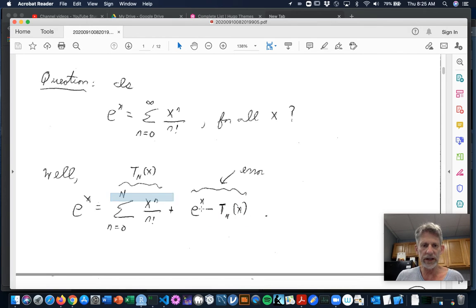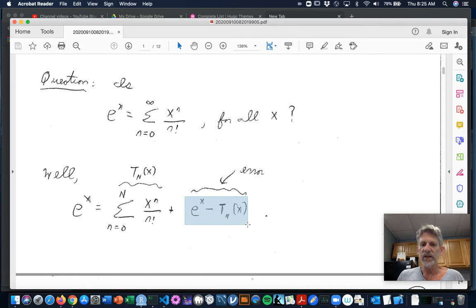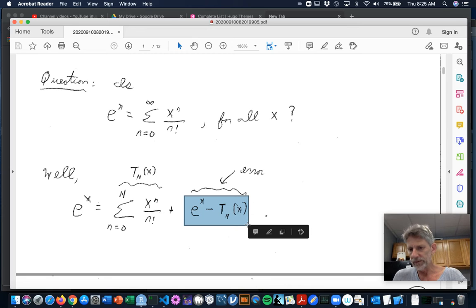All I've done here is add on and take away the nth degree Taylor polynomial, so I have not changed the thing I'm working with. It's still e to the x. But I've written it in the form of an nth degree Taylor polynomial that you might try to approximate e to the x with, plus the error in that approximation.